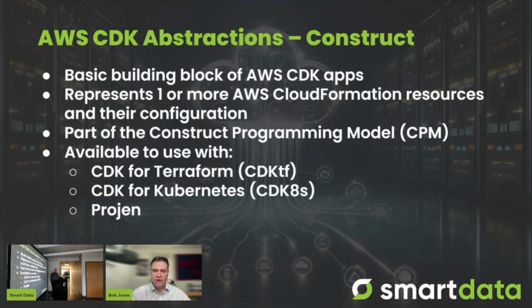Maybe the configuration will differ, just like with a Lego brick, it could vary by size, color, etc. So constructs are very powerful, and you'll even see online that there are examples of CDK construct libraries that you can use. In our case, we built our own.